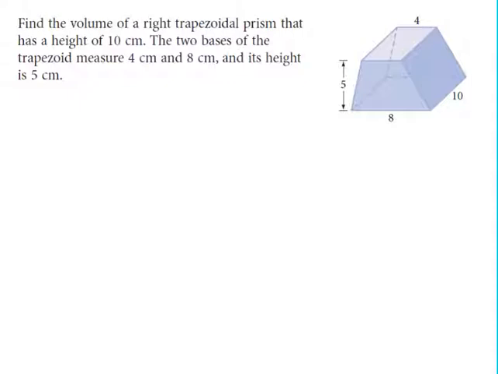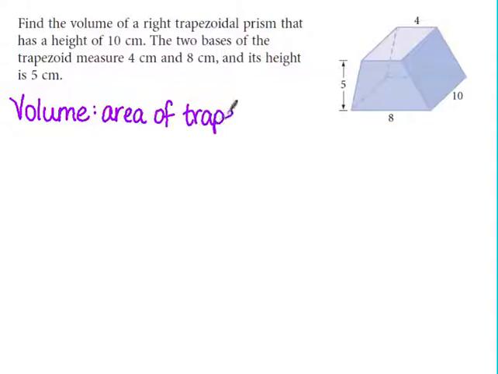So what I need to do is find the area of the trapezoid and take it times what? Real quick, we're going to take the area of the trapezoid times the height. Let's just focus on the area of the trapezoid first. We'll come back to that question.